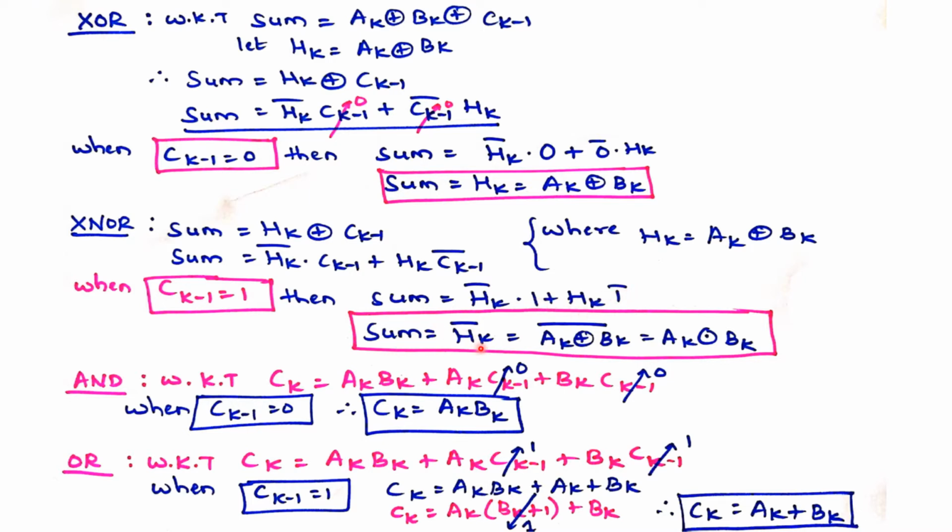Therefore sum equals HK bar, that is AK XNOR BK. So to perform XOR and XNOR operation, we need to consider sum expression and set carry input as 0 to get XOR result and set carry input as 1 to get XNOR result.